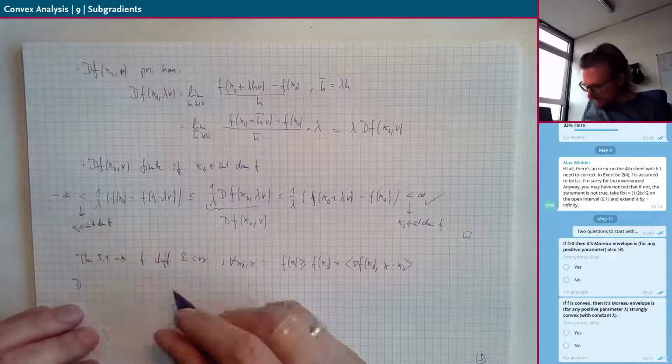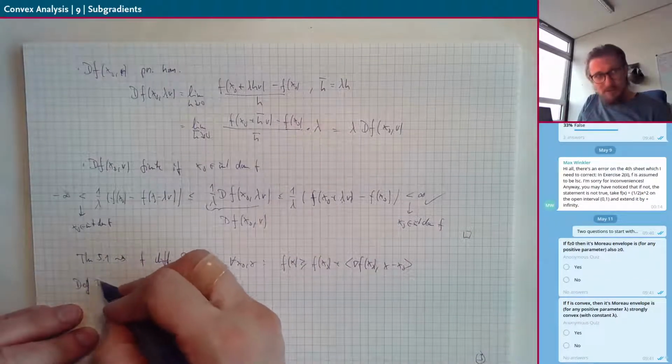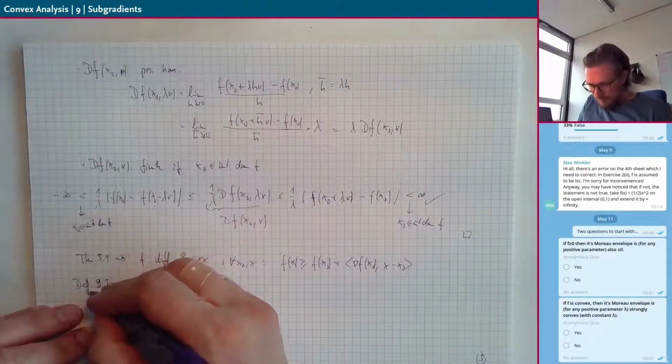So we take this as a motivation for a more general definition. We define, not 5, it's 9.3.